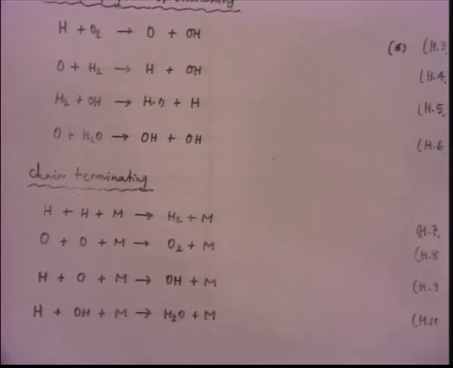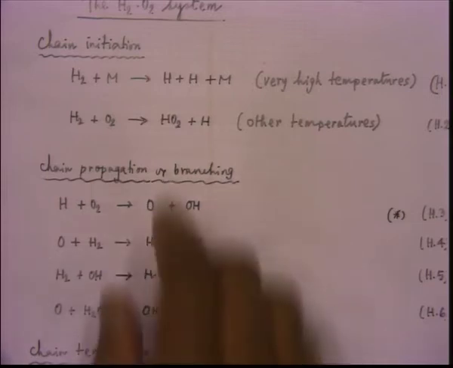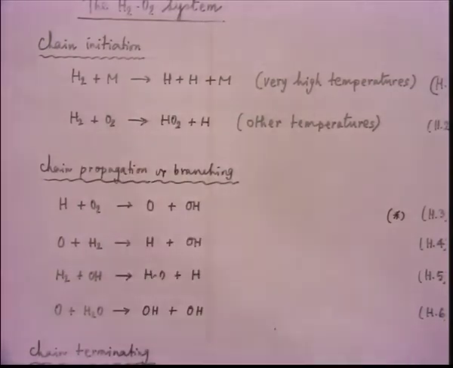In fact, this is not the entire set of reactions, there are a few more to come, but right now it is just important to appreciate the fact that when you have hydrogen and also oxygen, maybe hydrogen will break into H plus M starting the chain sequence.